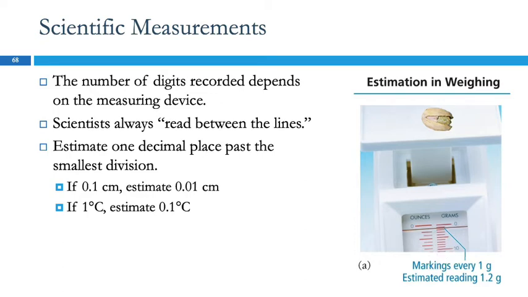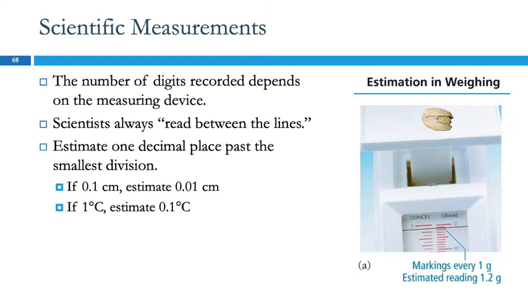What do those lines represent? And so we see that this top line is 0, and this one down here is 10, and in between there are 10 divisions. So each of these lines represents 1 gram, right? This one is 0, and we go 1, 2, 3, 4, 5, 6, 7, 8, 9, 10 grams. Each line is 1 gram.